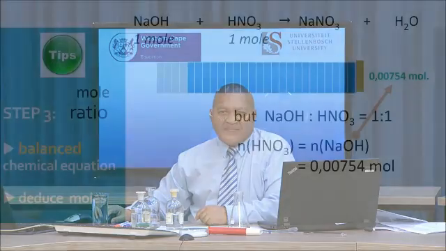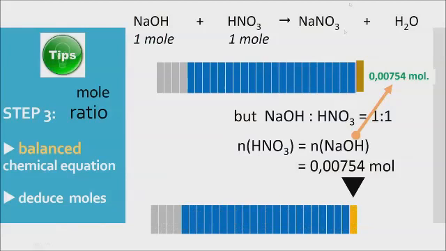Now, let's just summarize what we've got so far on the screen again. So therefore, I know that little piece of sodium hydroxide, that's why we say deduce the number of moles. That little piece there is what the nitric acid covered, and it's 0.0754 mole.